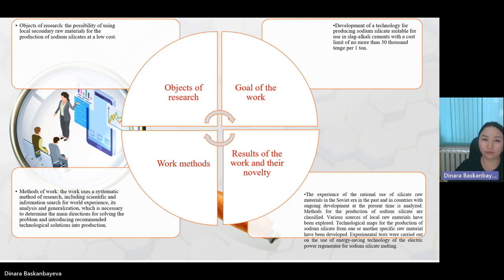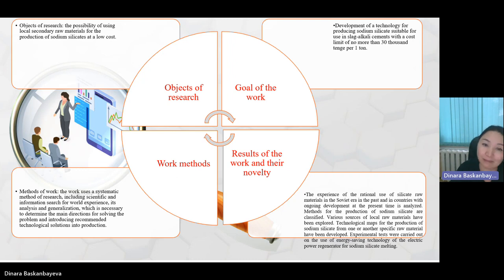At the stage of the research, an analysis was made of the experience in the production of serial and pilot sodium silicate in the USSR in the past, and in countries where development has not been suspended at the present time. All possible sources of raw materials of technological and natural origin were studied.